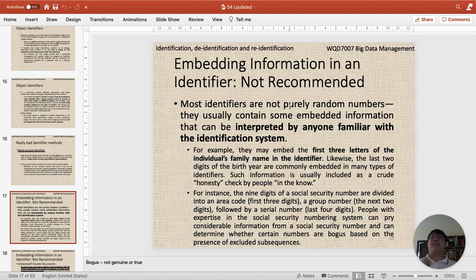But we are hoping that the identification system we use doesn't embed personal identifiable information inside, which our identification card in Malaysia is a little bit bad about. Why? In our identification card, we can know our birth date, where we were born, and from the last digit whether it is a male or female.